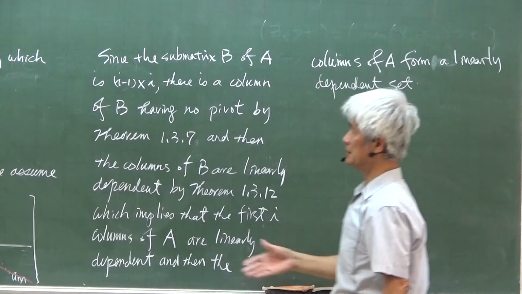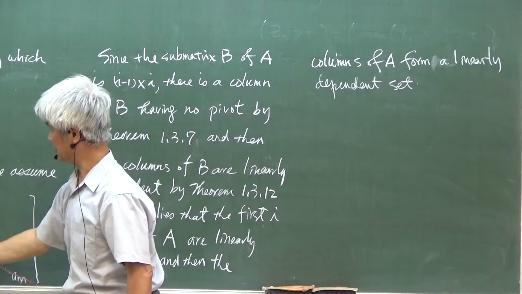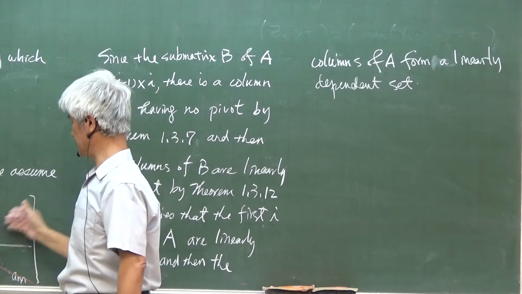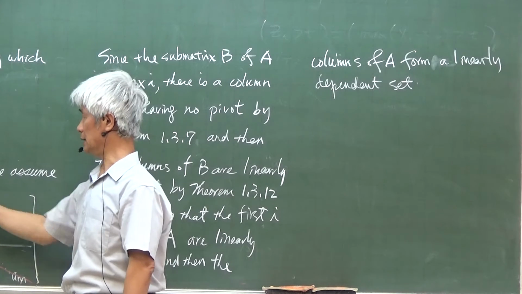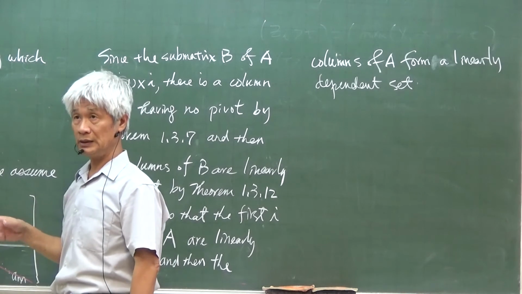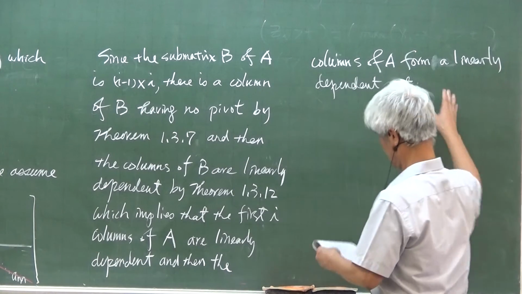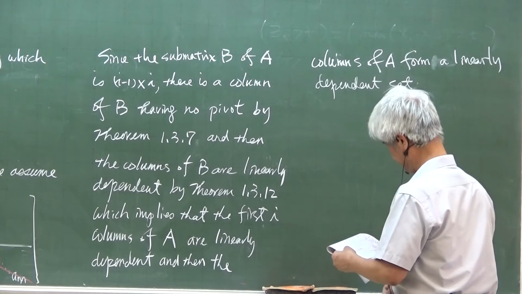Because when the first i columns are linearly dependent, then of course if you add more columns into it, these n columns must be linearly dependent.